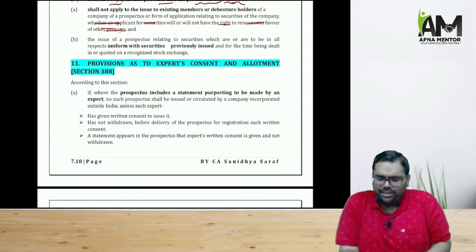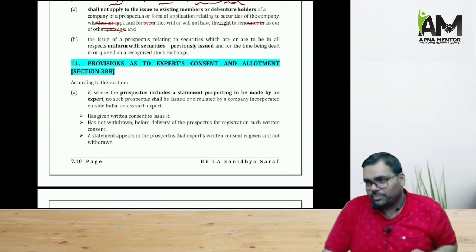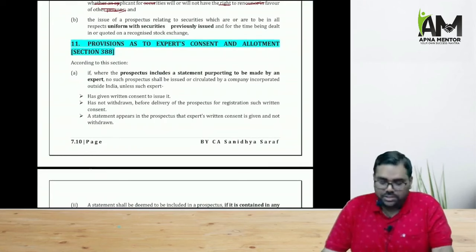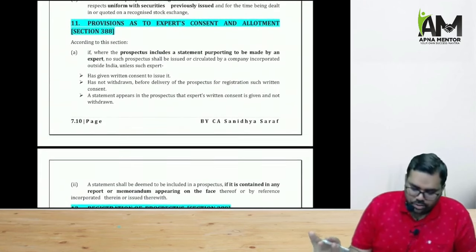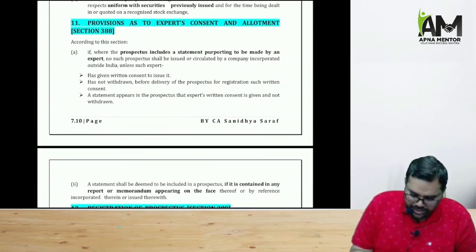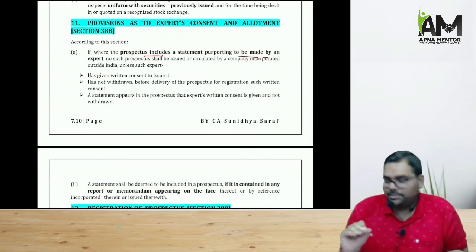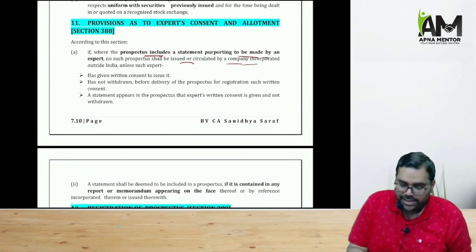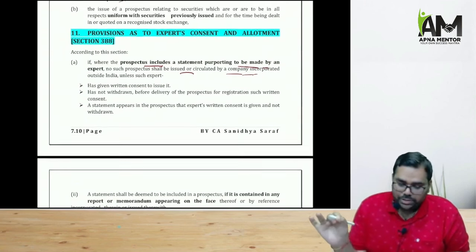In foreign company, only a very small part of it is here. Provisions as to experts' consent and allotment, section 388. According to this section, where the prospectus includes a statement purporting to be made by an expert, no such prospectus shall be issued or circulated by a company incorporated outside India.